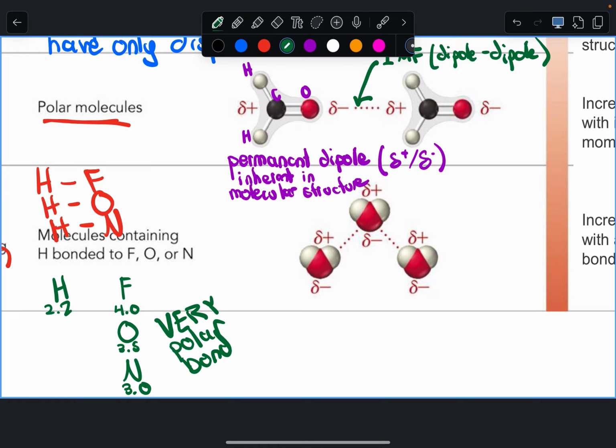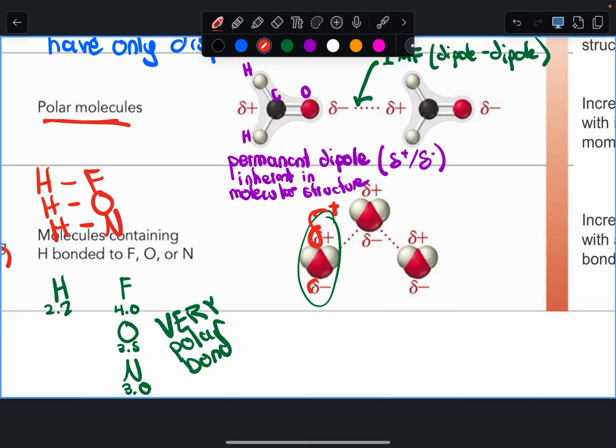Okay, so these specific ones create this very polar bond. When we look at the electronegativity difference here between the oxygen side and the hydrogen side, I'm going to dramatize this by drawing those partial charges a lot bigger.